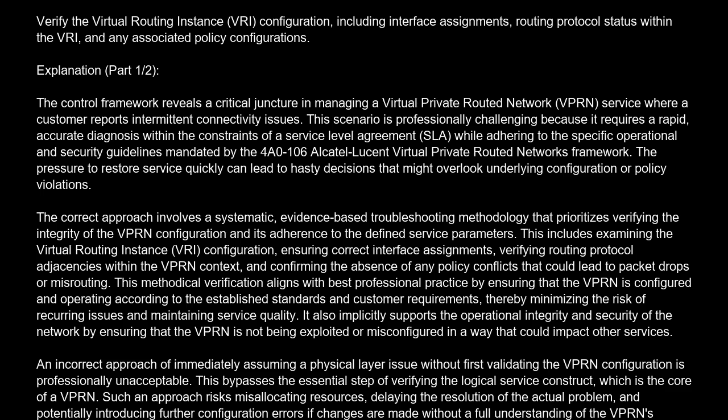This methodical verification aligns with best professional practice by ensuring that the VPRN is configured and operating according to the established standards and customer requirements, thereby minimizing the risk of recurring issues and maintaining service quality. It also implicitly supports the operational integrity and security of the network by ensuring that the VPRN is not being exploited or misconfigured in a way that could impact other services.